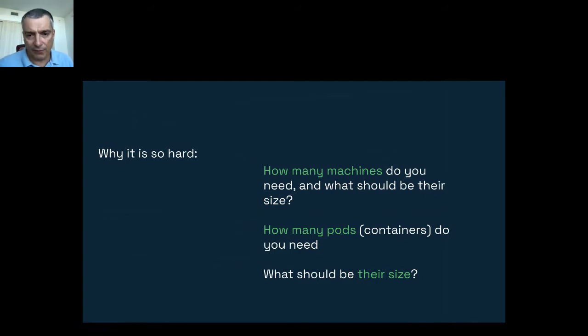If you fix the first question, you say, okay, I will deploy 20 machines of that family, then the answer to the first question will impact the second and the third. So any of these questions that you try to answer will have a direct influence on the others. This is why doing this by hand is almost an impossible task. This is why automation is a great idea.